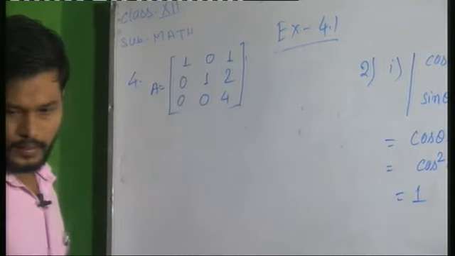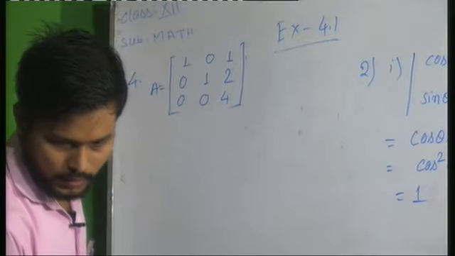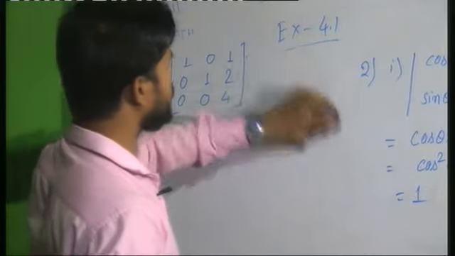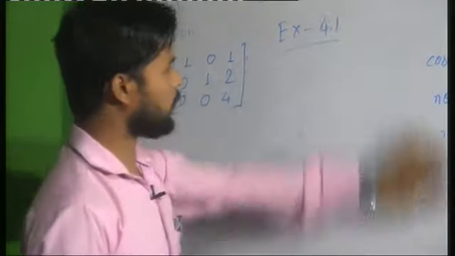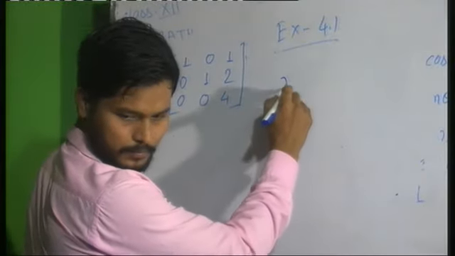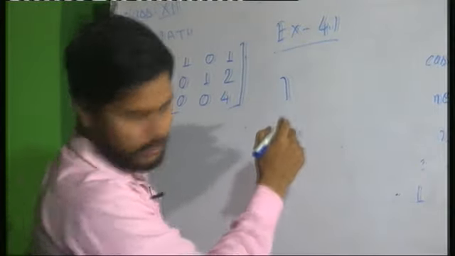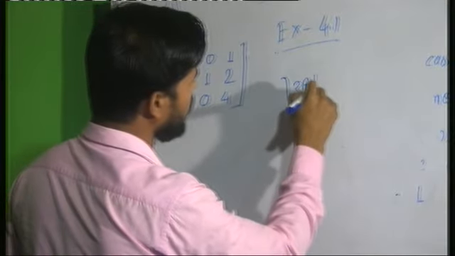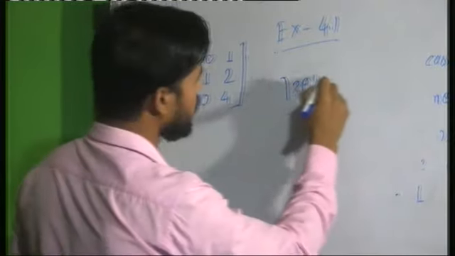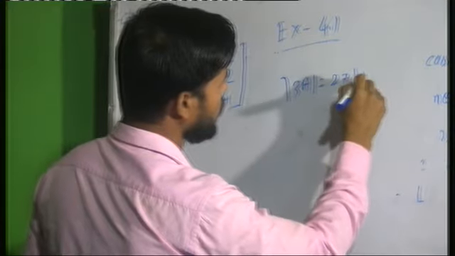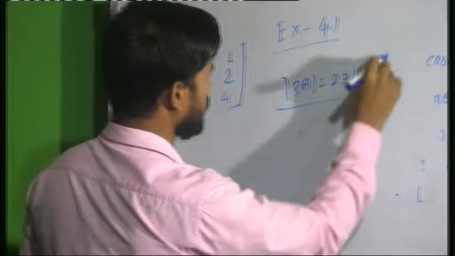We have to show that the determinant of 3A is equal to 27 into the determinant of A. We have to prove this one.